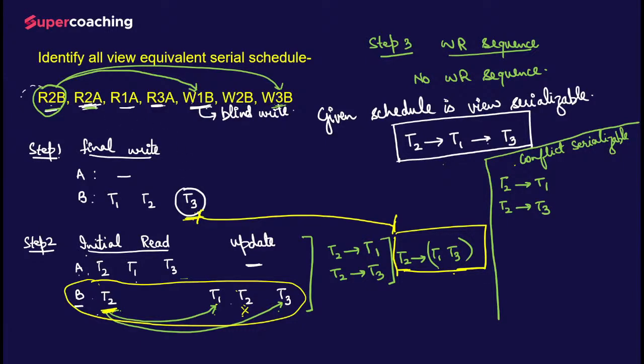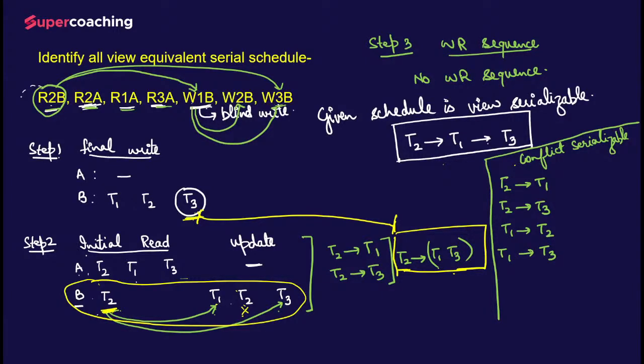It's performing the read operation on A, and there is no write operation on data item A. Now next we are getting T1 to T3. T1 write operation, T1 to T2 is there, T1 to T3 is also there. So we are getting T1 to T2 and T1 to T3.